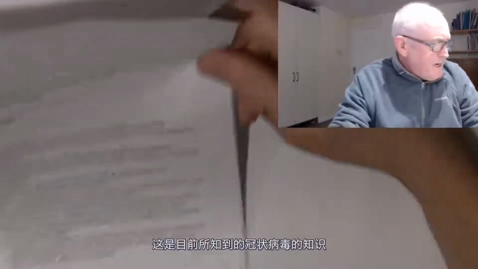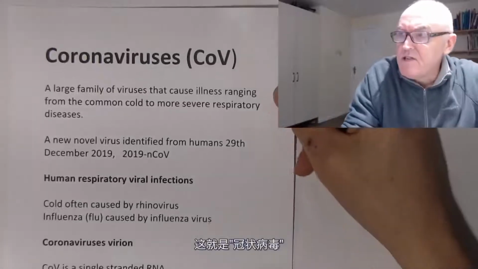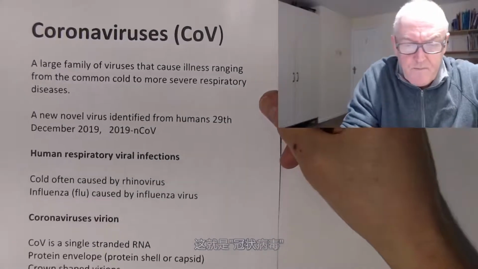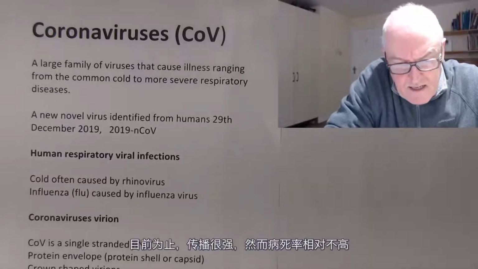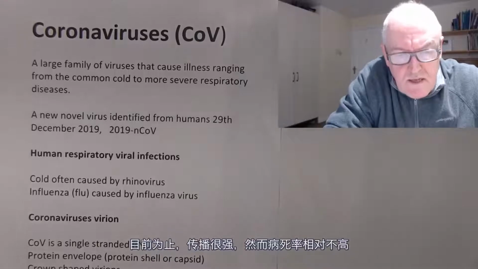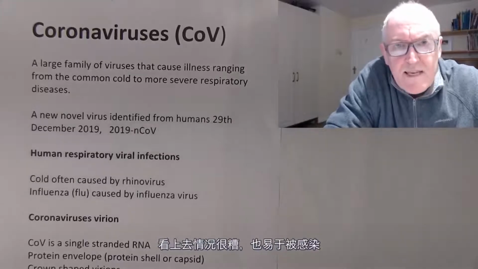So that's a little bit about the coronavirus that we know at the moment. So there is this novel coronavirus. It's got the potential to become a pandemic. So far, it's looking like it's quite transmissible, but it's looking like the mortality is relatively low. It looks like it could be quite a nasty illness, though.